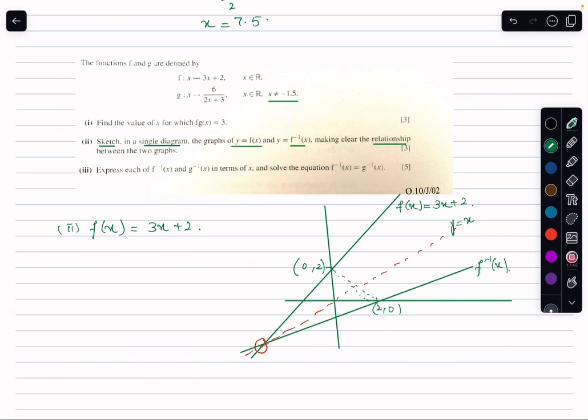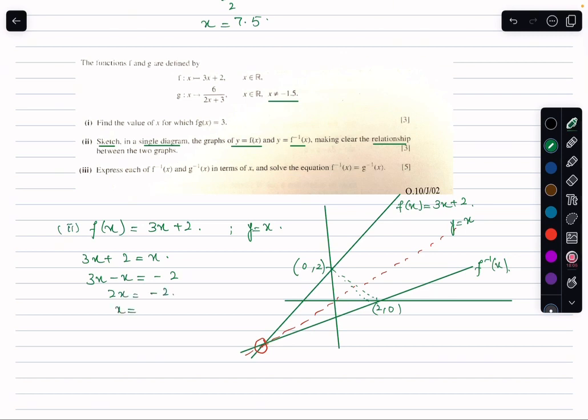So to get the coordinates of the point of intersection, I can equate 3x plus 2 to the line y equals x, that is the line of reflection. So 3x minus x equals negative 2, or 2x equals negative 2.